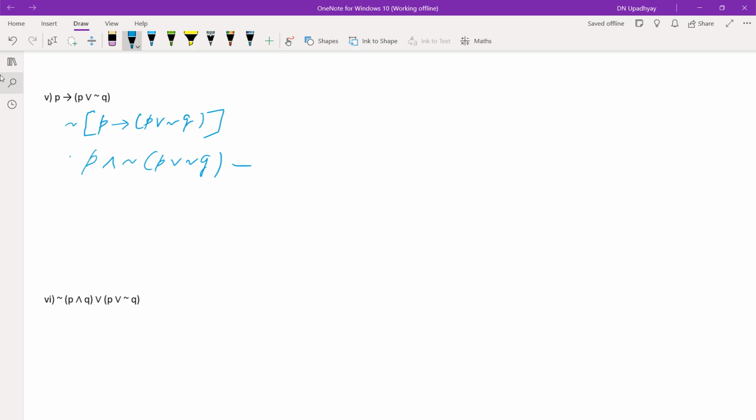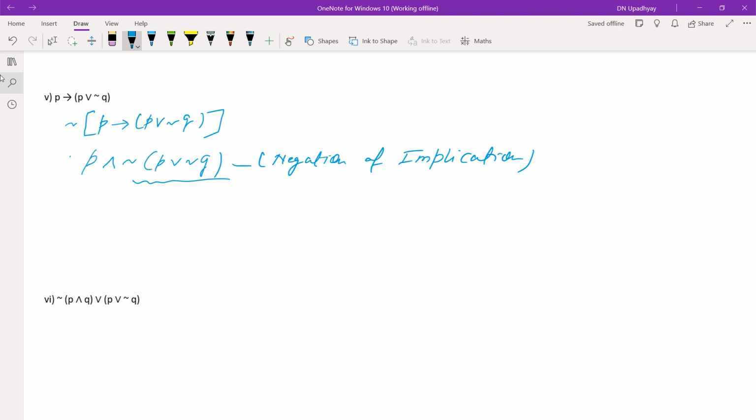Okay, so this will be equivalent to negation of, see, write down, we have to justify this: negation of implication. And after this negation of implication, we have to solve the second one.